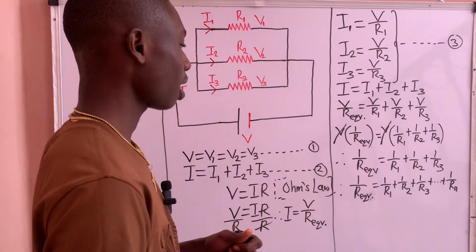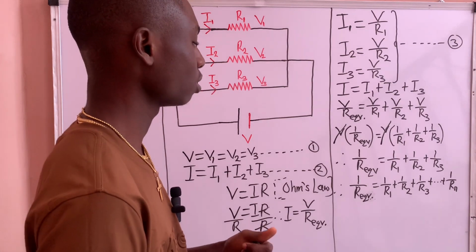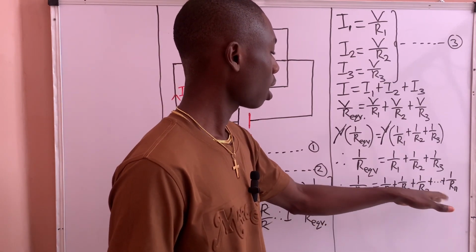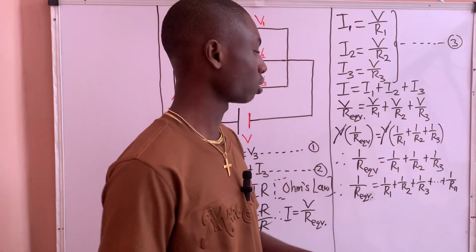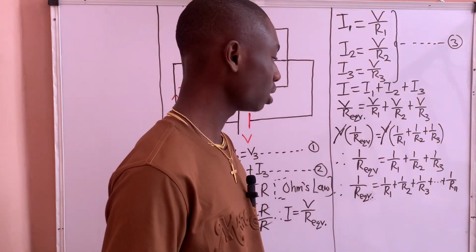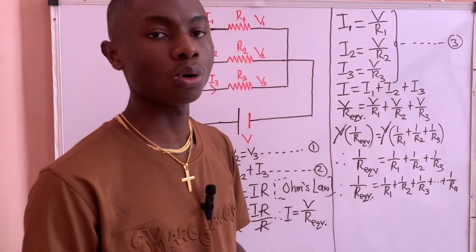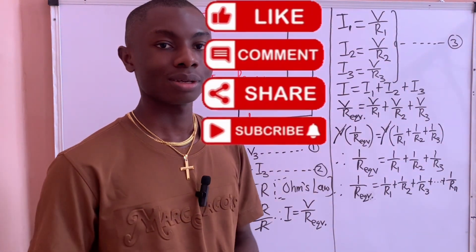If we are given 7 resistors, you can still write it up to 1 all over R4 through 1 all over R7. That is the meaning of Rn, which stands for any number of resistors. Bye.